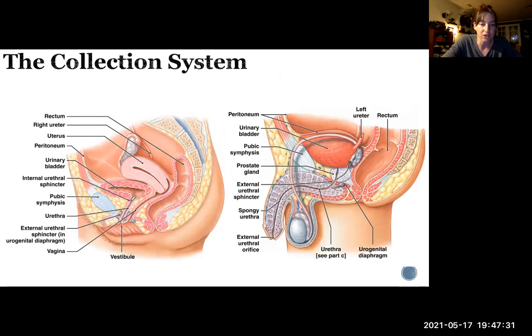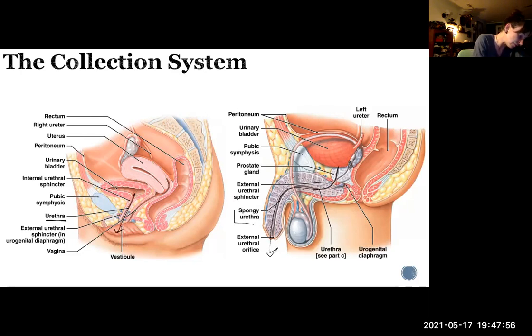Here is the short urethra of females, the long urethra of males, which includes both a more interior part and a more exterior part, but either way, we are coming from here and traveling out that way, and you're traveling here and out that way.